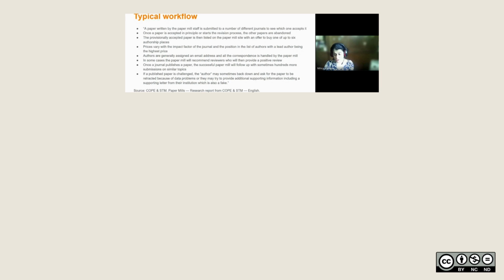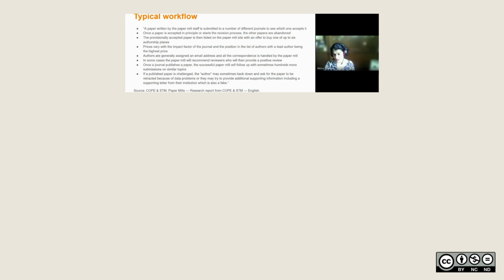Then it's also interesting that authors are usually assigned an email address. This can be a new email address that is provided by the paper mill, but this can also be an email address that's been compromised and then sold in huge packages on the dark web. So sometimes you will see, for example, Chinese names and Iranian names in email addresses.